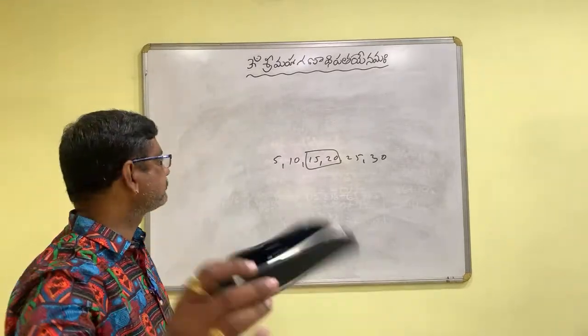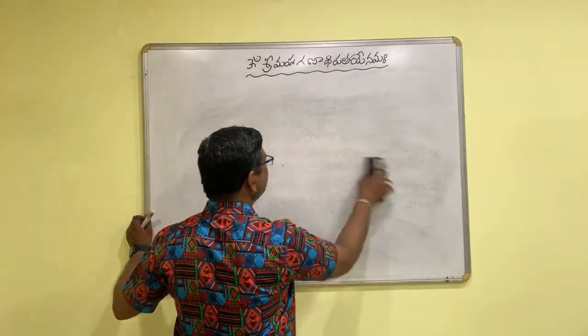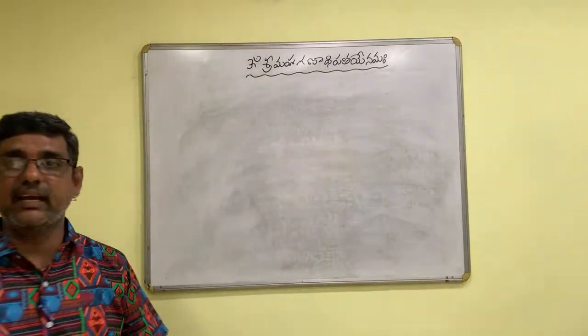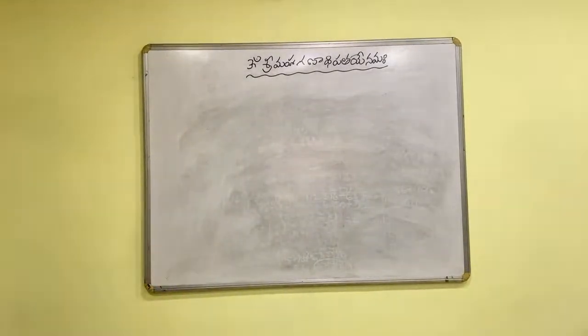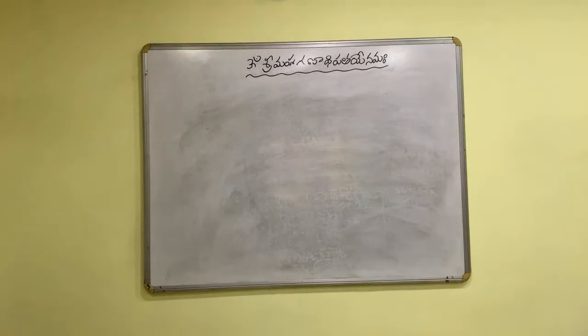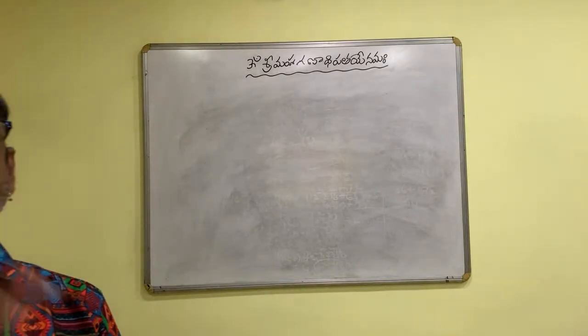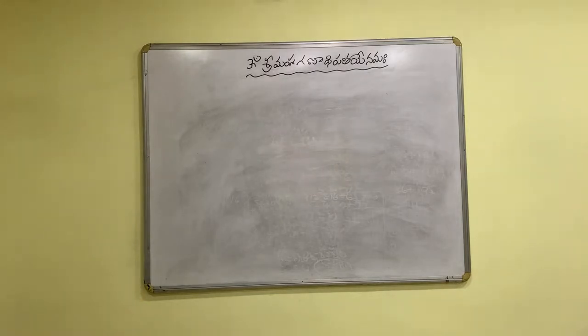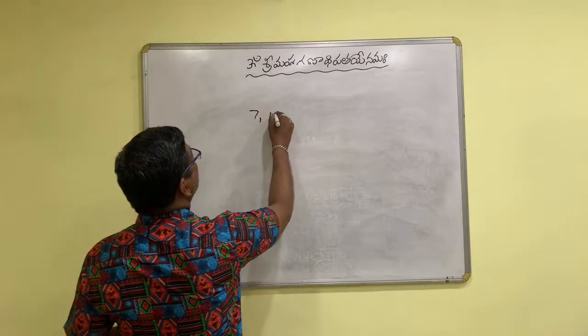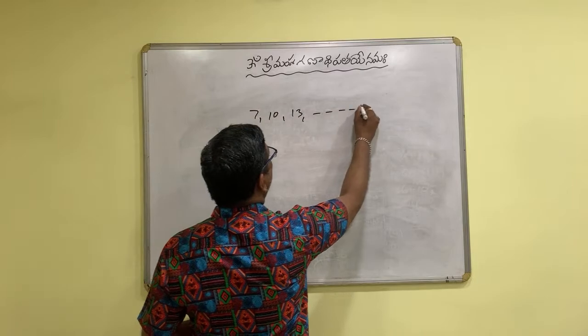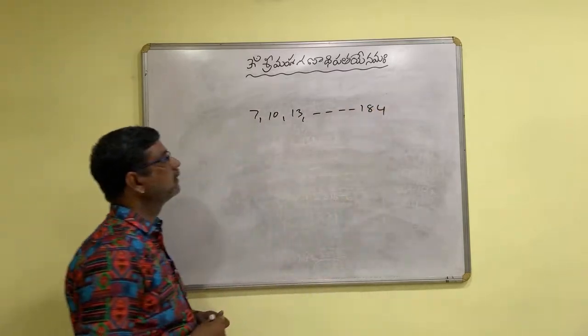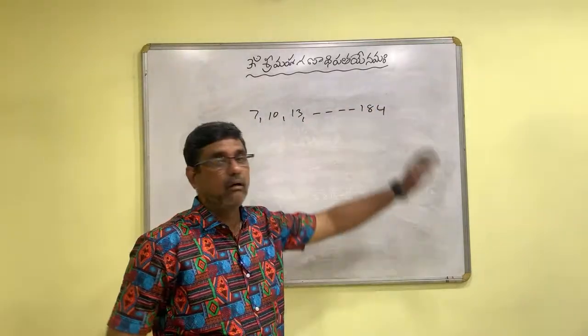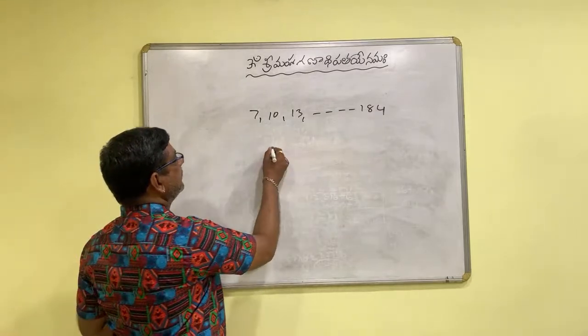Okay, children? Now, we'll go ahead with the next model. Actually, we are going to discuss 12 models. Next question. Find the 8th term of AP from the end of the progression: 7, 10, 13, and so on, up to 184.